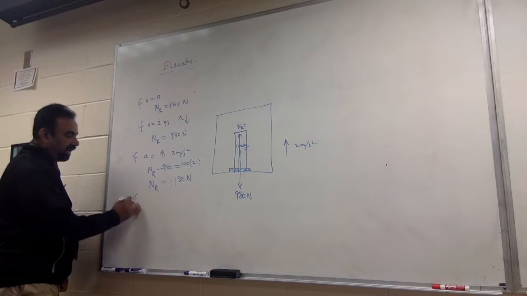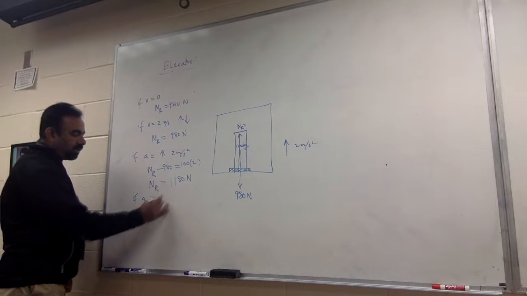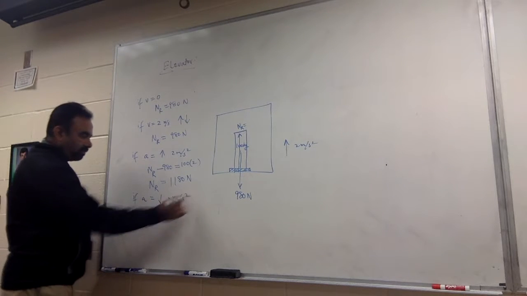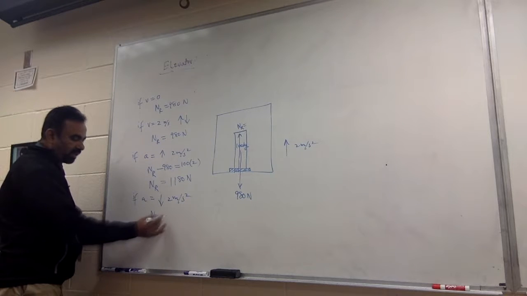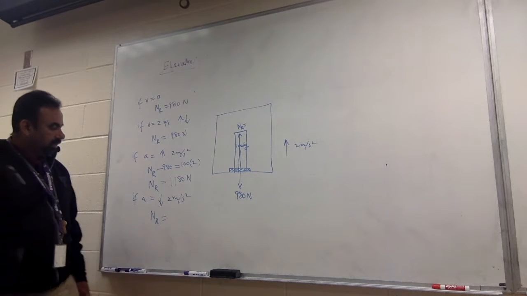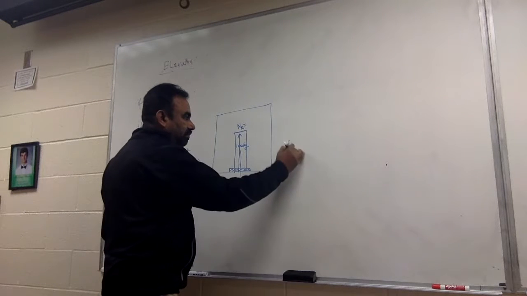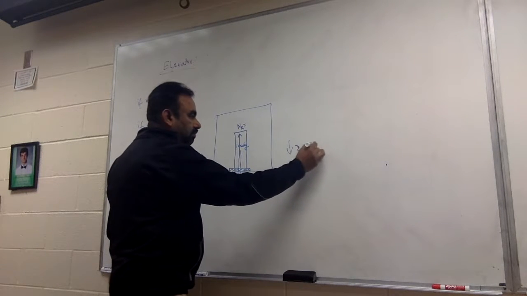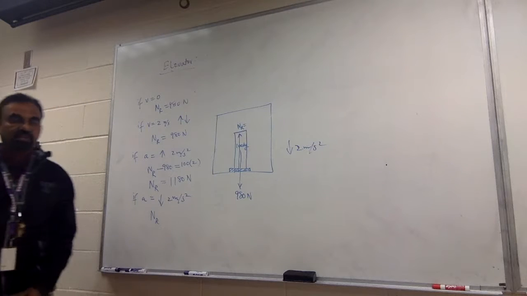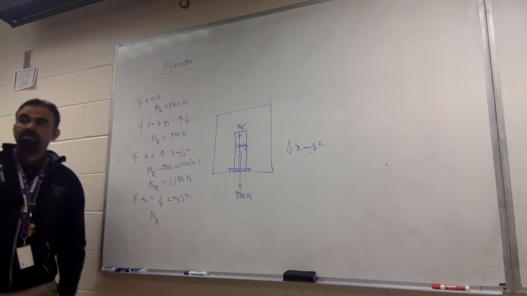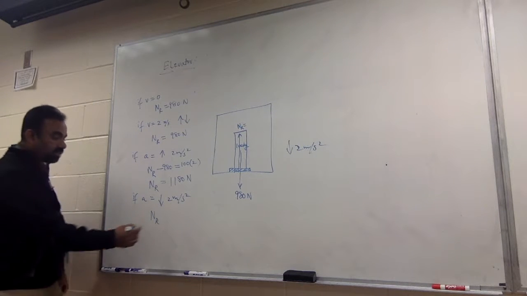Now, if acceleration is downward, 2 meters per second squared, how much is the normal reaction? So how do you find it out? If it's accelerating downward at 2 meters per second squared, which is bigger? 980 is bigger.